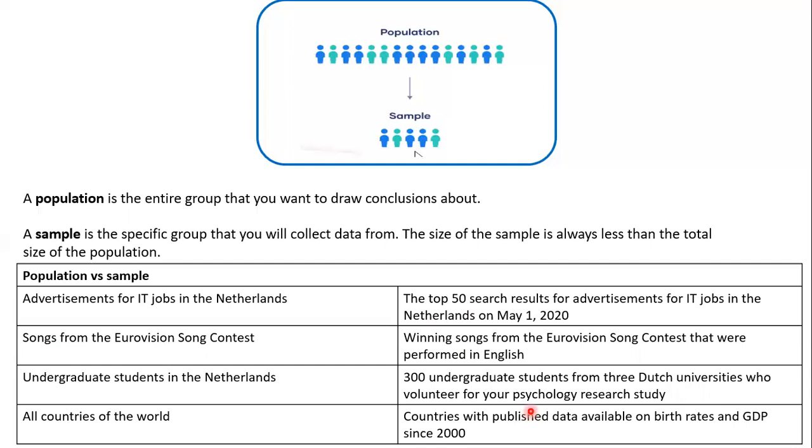Then, all countries of the world, and the sample is countries with published data available on birth rates and GDP since 2000. So these are some of the populations and samples.